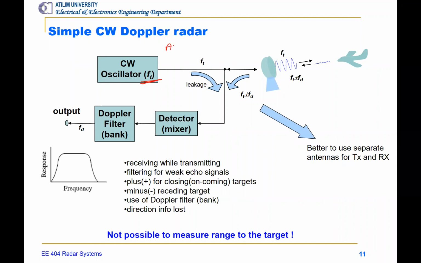Typically, we can write this just like cosine 2 pi ft. Okay. This is transmitted through an antenna. There are typically two antennas here. I just show one as I take this picture from the textbook, but in practice, there are two separate antennas, one for transmit, one for receive.